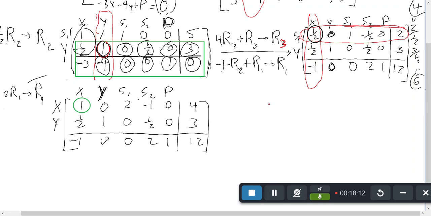The additive inverse of 1/2 is -1/2, so -1/2 row 1 plus row 2 replaces row 2. And the additive inverse of -1 is just 1, so row 1 plus row 3 replaces row 3.